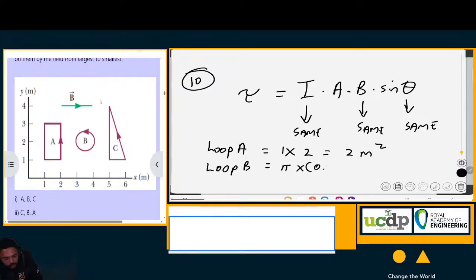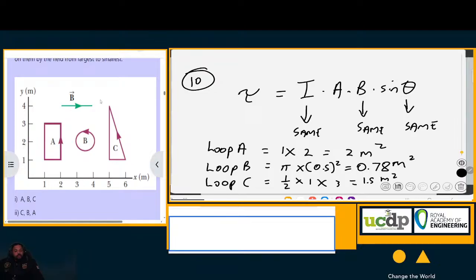So 0.5 squared. So its area is 0.785 meters squared. And then finally loop C is a triangle, and its area is a half times its base, which is 1 meter, times its perpendicular height, which is 3 meters. So it's 1.5 square meters.